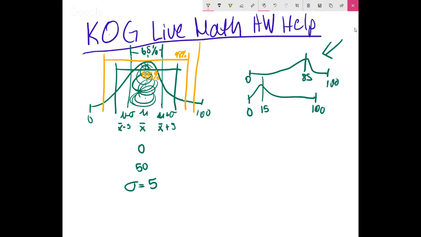And then the distance all the way super close to either a perfect score or a 0 is 99.7%. Okay, if you've taken statistics, which most people do when they go to college, I'm sure you've seen this.